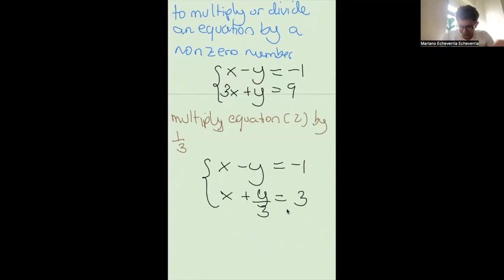This equation is literally the same as the original one, because if you want to go from here to here, you just reverse the operation and multiply by 3. So this cannot affect the solutions, because you can always undo the effect by multiplying by the reciprocal of what you did before. Is that okay? Is that making sense?